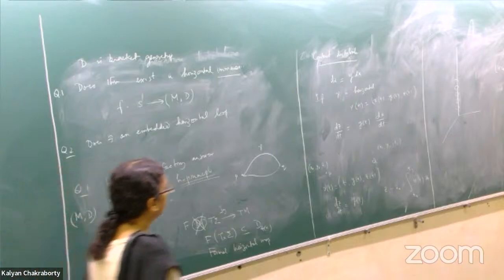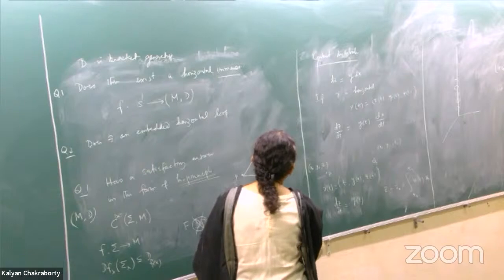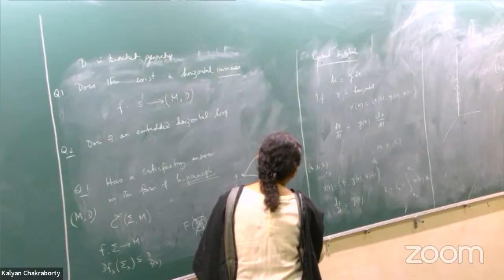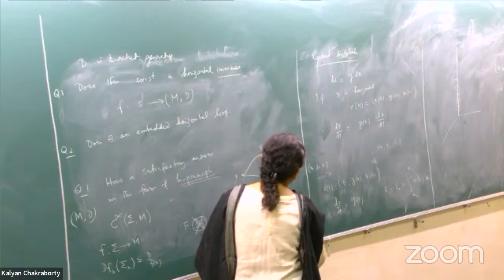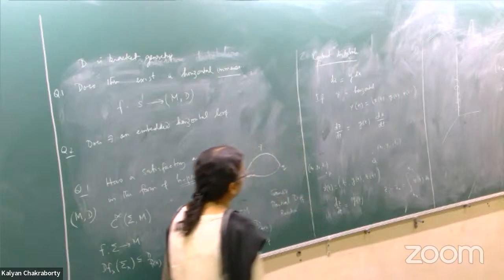This is a theory by Gromov, known as partial differential relations. This is a book in which there is a detailed study of this.